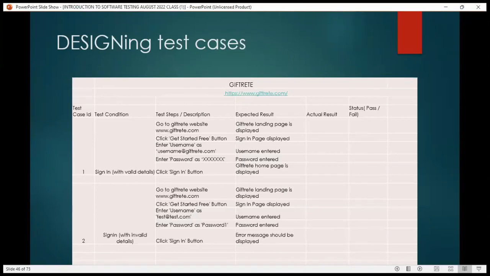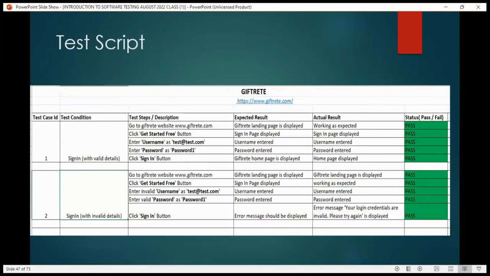That is my expected result. Now you go to the last part, which is the actual result. The developers have finished developing this application and they give it to me. I've written my expected results. Now I've seen the system and I am testing. In my expectation, I said we should go to login.